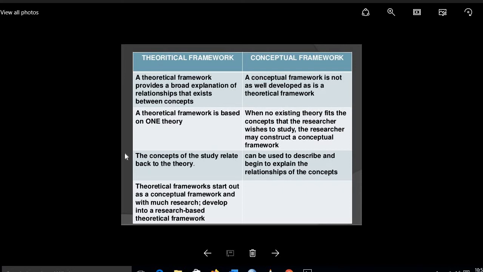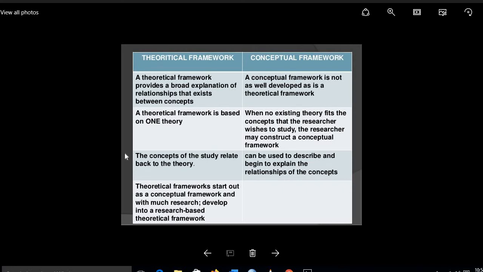And see the next part, the concepts of the study relate back to the theory. That means after forming the conceptual framework, those concepts used in the conceptual framework will relate back to a theory. That is based on the theoretical framework. That means theoretical framework gives the concepts which can be further examined and formed as a theory. That is on the part of theoretical framework. Is that okay?